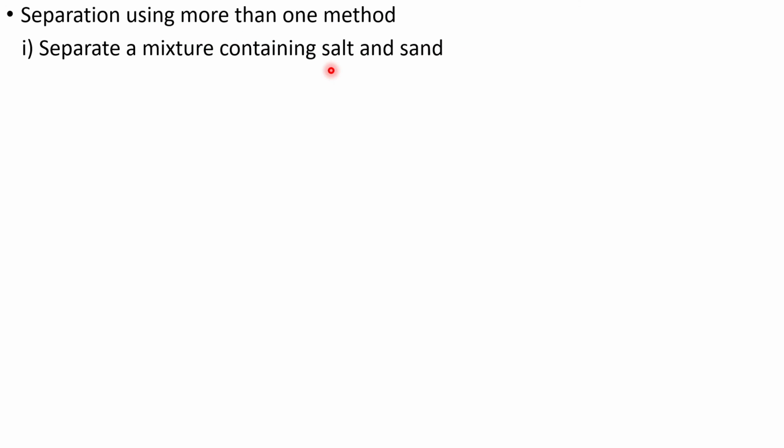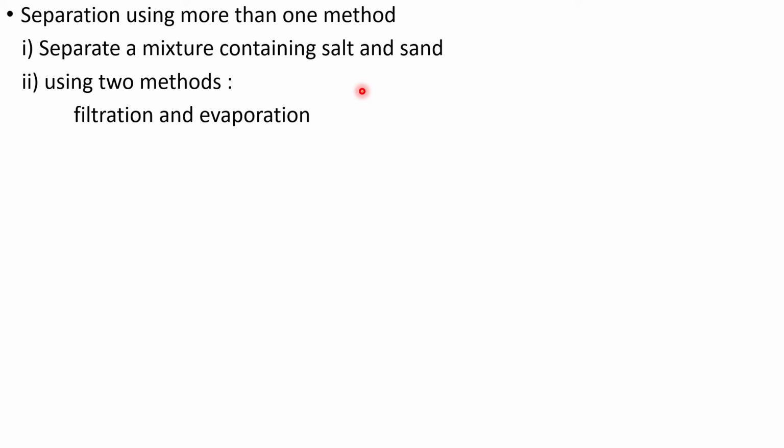You would use two methods: first is filtration and another one is evaporation. Now how? You would first add water to the sand and salt mixture. What happens is, the salt would dissolve in water. Sand is insoluble in water.